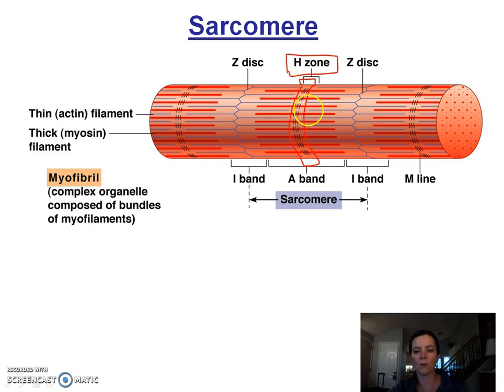But in this central core, this is between the ends of the thin filaments. So the thin filaments don't come together in the middle. There's a gap in between. And so that H-zone is going to be a little bit of a lighter colored stripe right in the middle of the A-band. So this is, just to specify for you so you know for the future, a relaxed sarcomere.